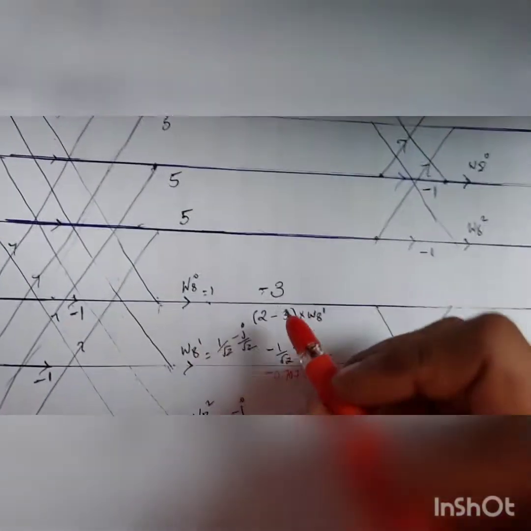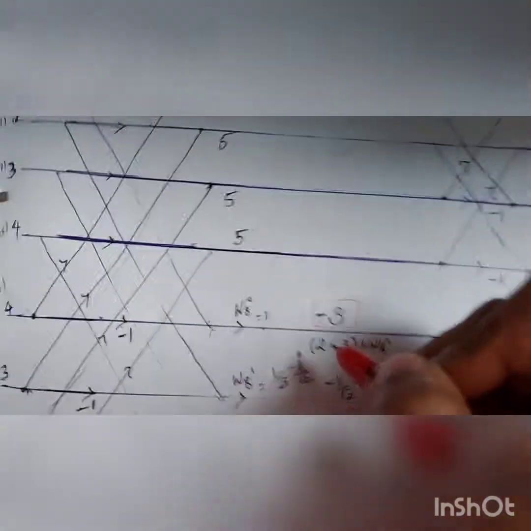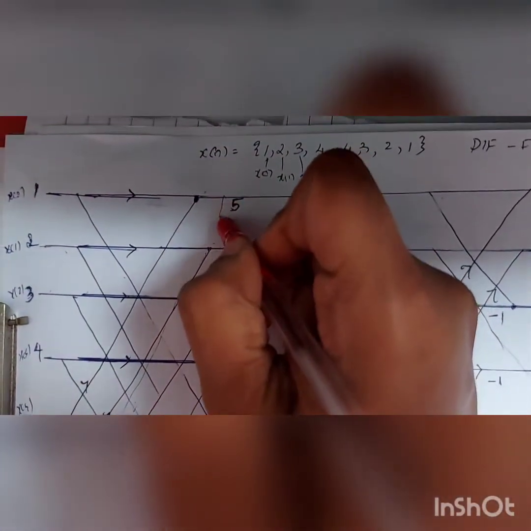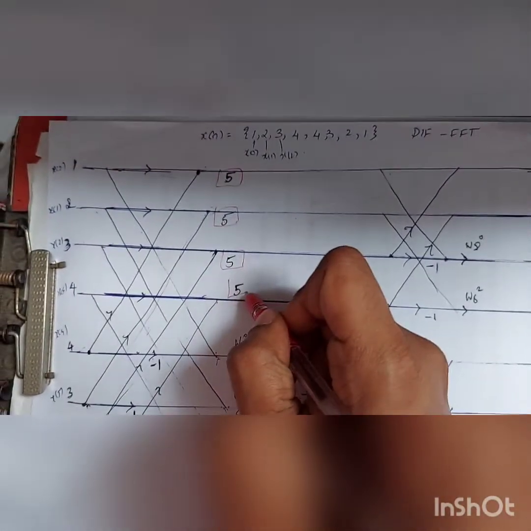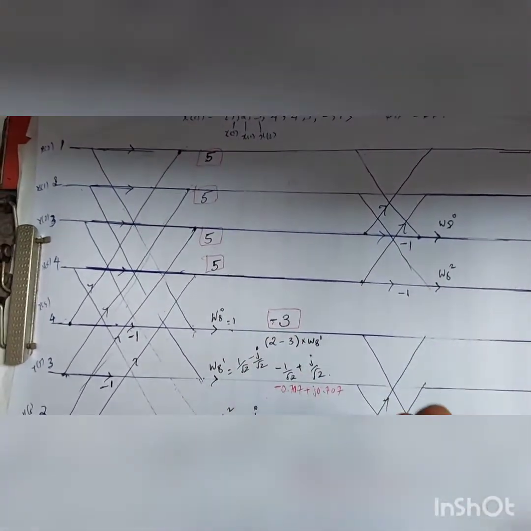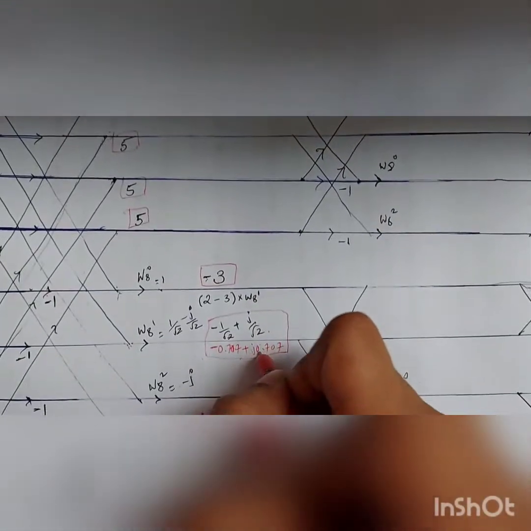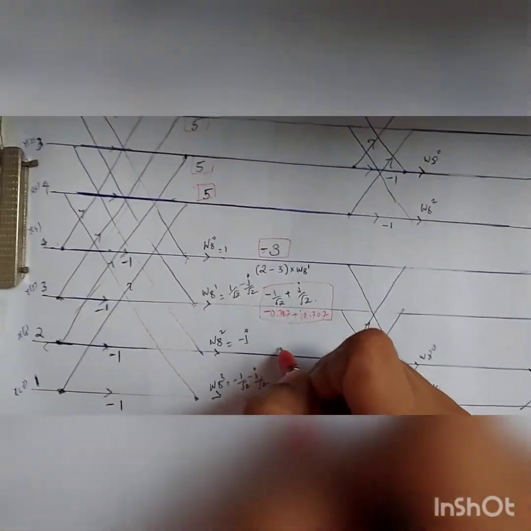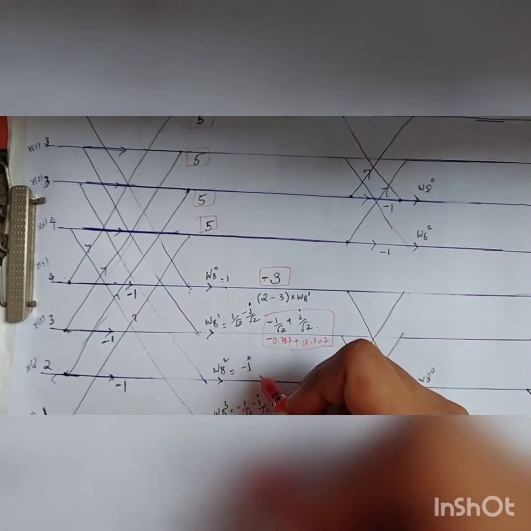Okay. So this is the value at this point. Let me just change the color of this. These are the outputs of this stage, which are going to the next stage. So this is minus 3, and here we are either using this one or this one. So what happens here? At this point, what am I going to get?